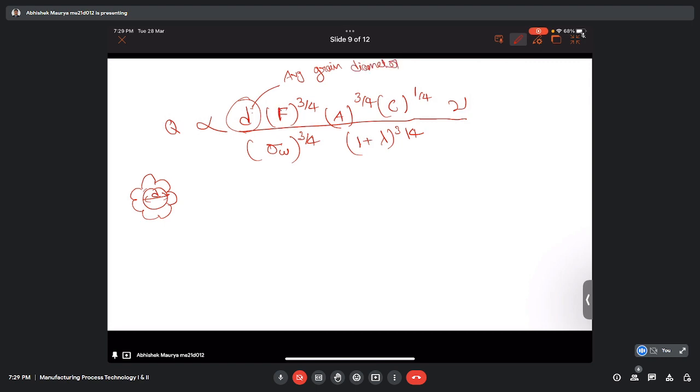What is F? F is nothing but the feed force. And what is A? A is the amplitude of ultrasonic vibration. And what is C? C is the concentration of the slurry.